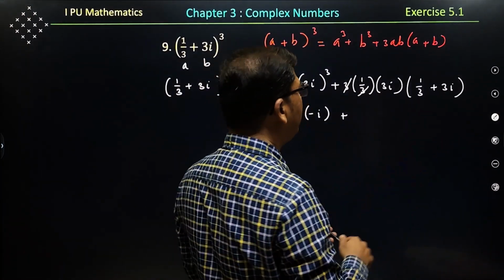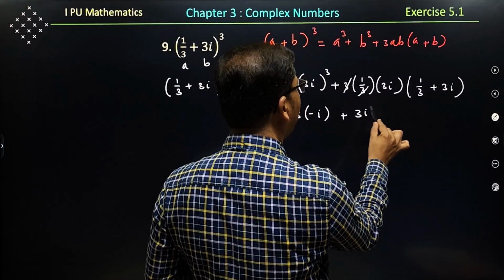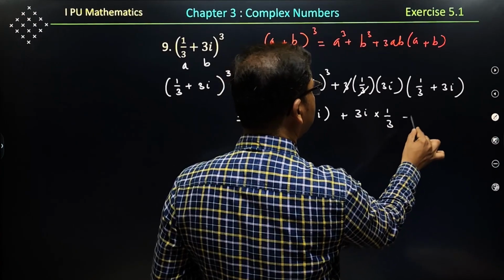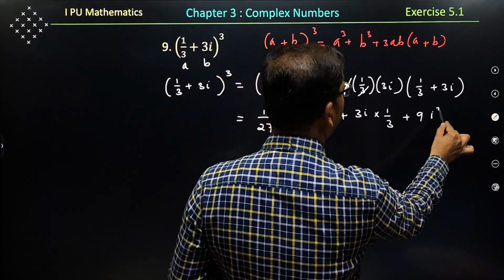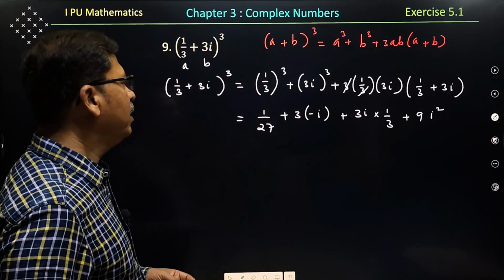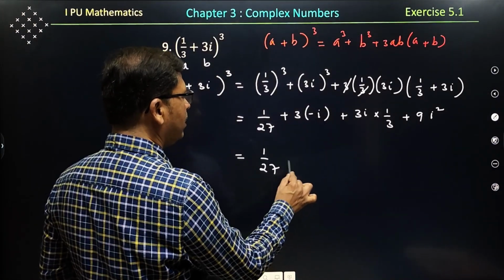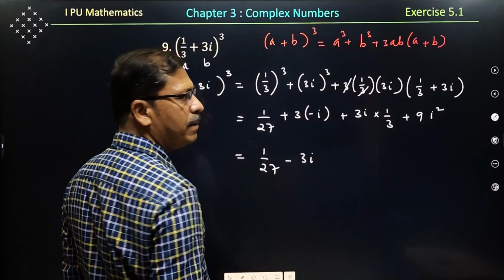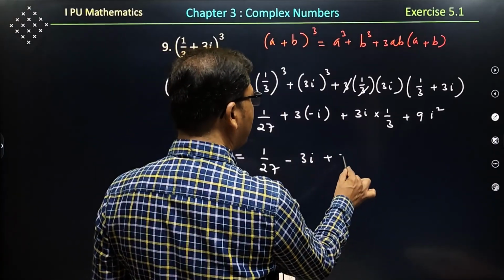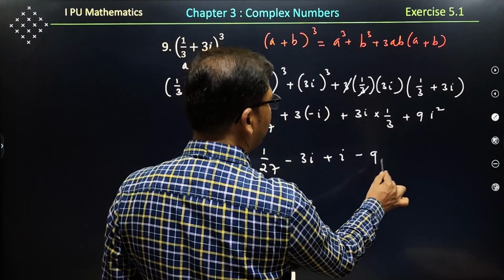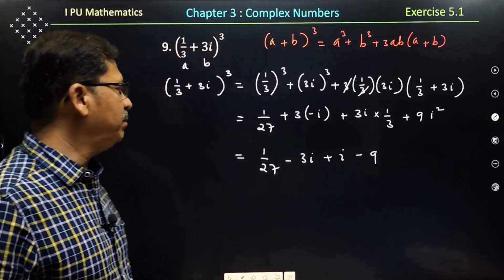This 3i you multiply inside: 3i into 1 by 3 plus 3 into 3, 9, i into i square. Be careful while simplifying. 1 by 27, this is minus 3i. 3 and 3 cancel, plus i remains, minus 9, because i square value is minus 1.